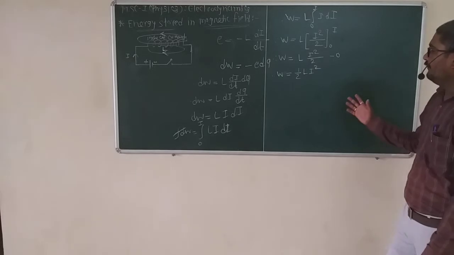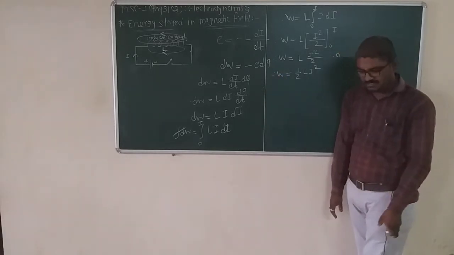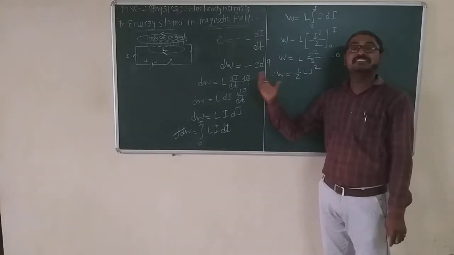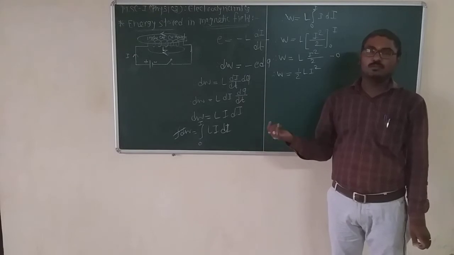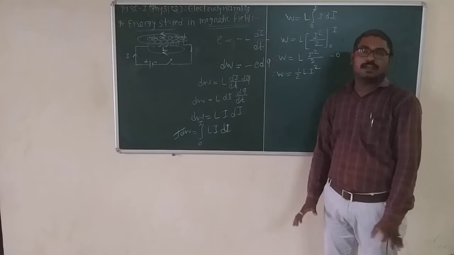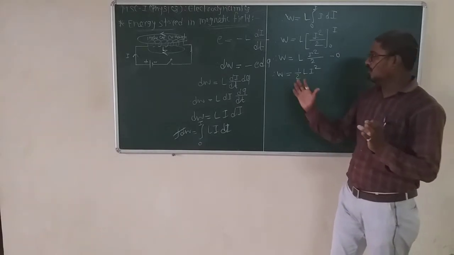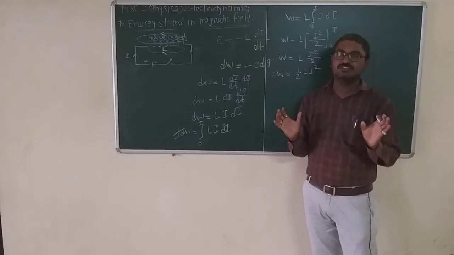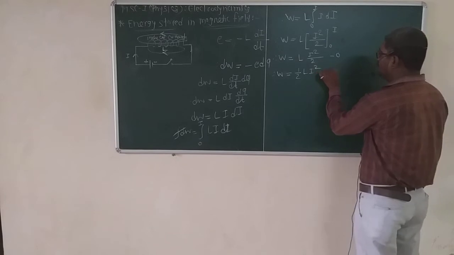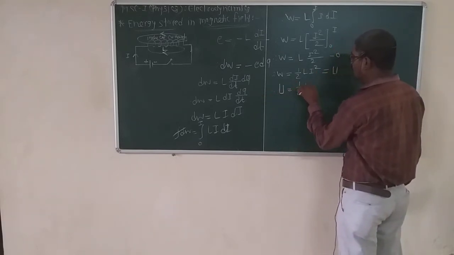Okay, but we know in the previous class, in TY BSc, we studied that work done is similar to potential energy. This is the electric potential at a point charge. There we studied that the work done is the same as the potential energy, so this work done is equal to U. That means U is equal to 1 by 2 L i square.